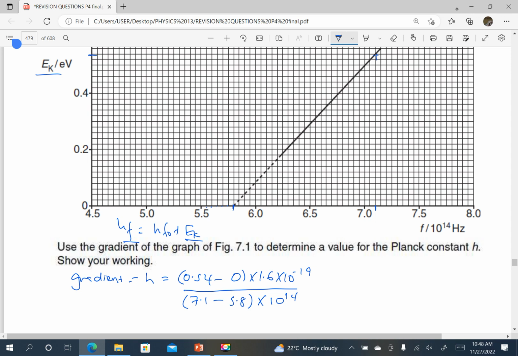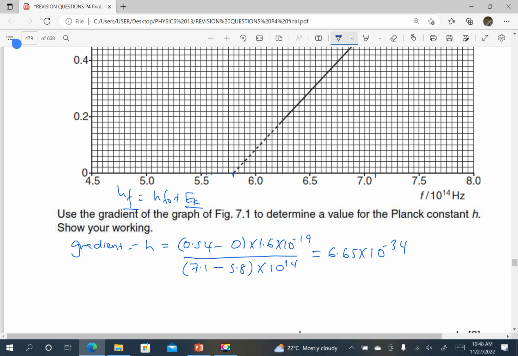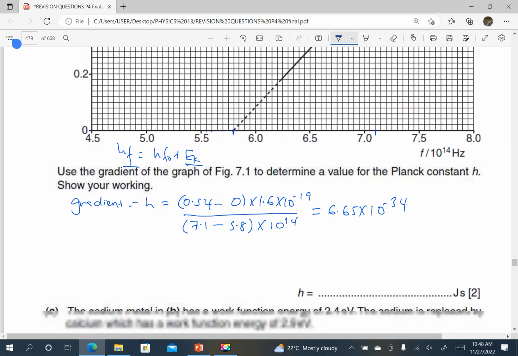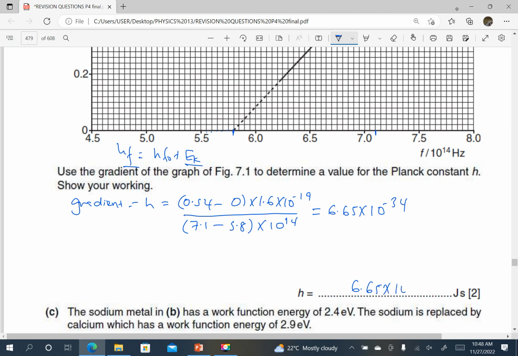So this is giving me 6.65 times 10 to the power negative 34. So that is the gradient. Therefore, it is going to be my value of h: 6.65 times 10 to the power negative 34. You can also verify.